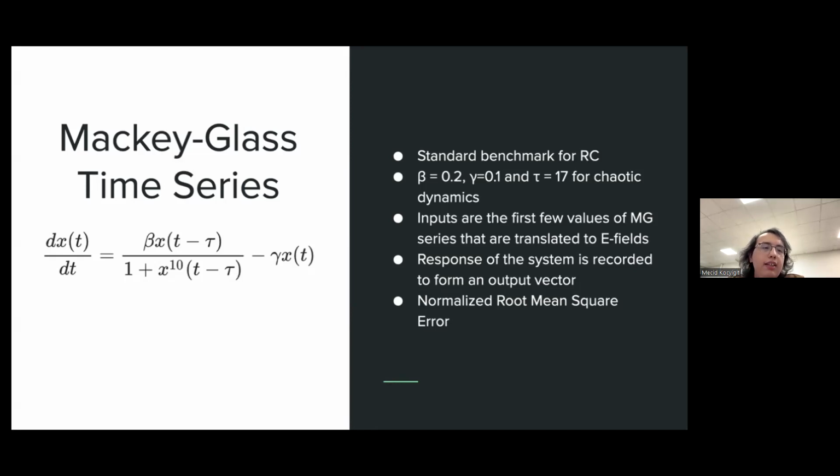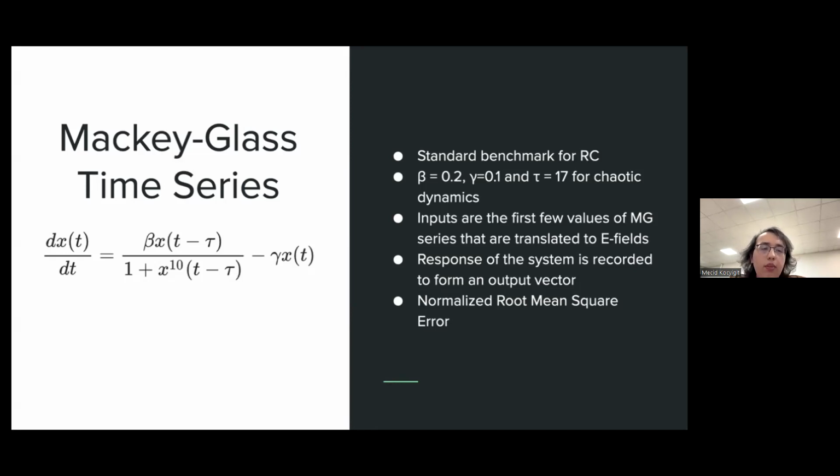This Mackie Glass time series is a special time series which is generated from a delay differential equation you can see on the left side, where x(t) is a dynamical variable, and the parameters beta, gamma, and tau are set to obtain chaotic dynamics.